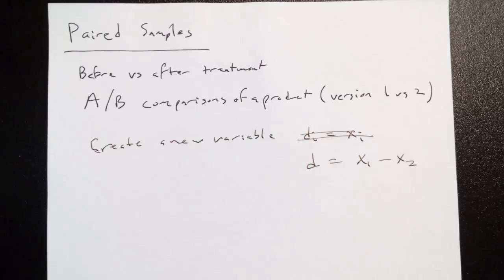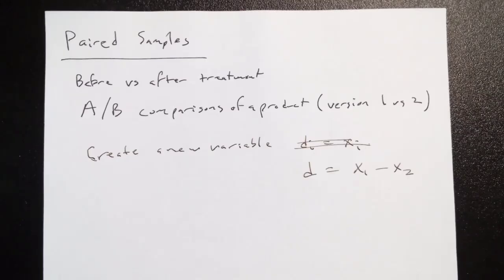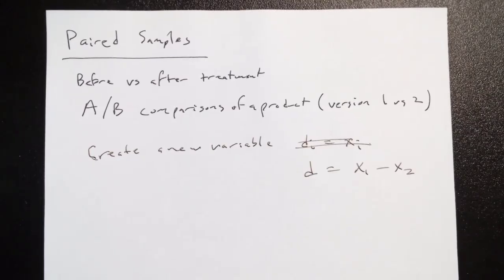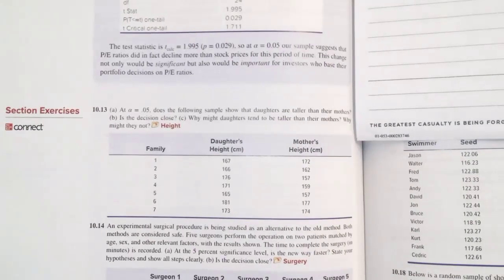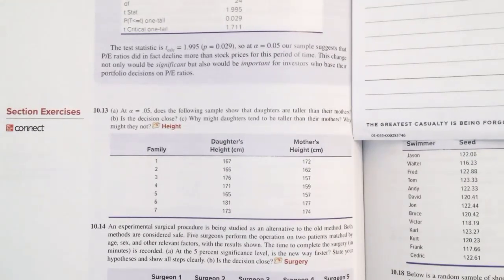So if I have all of the befores and all of the afters, or I've got the 10 different batches that I ran, I've got readings like this.